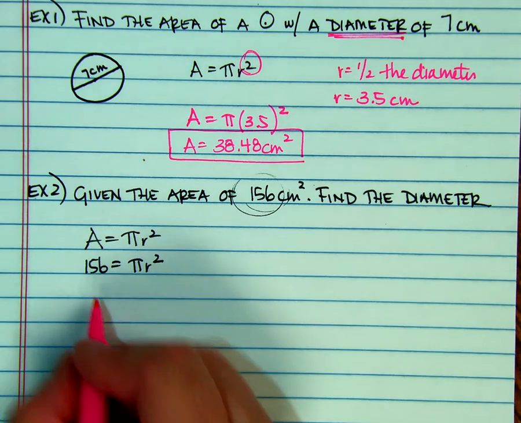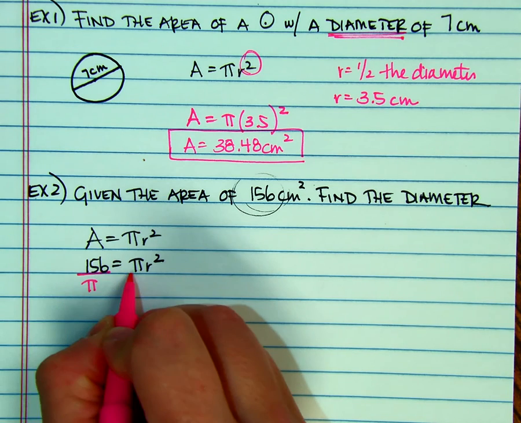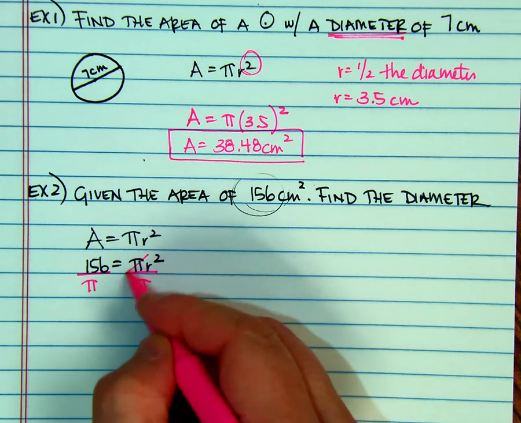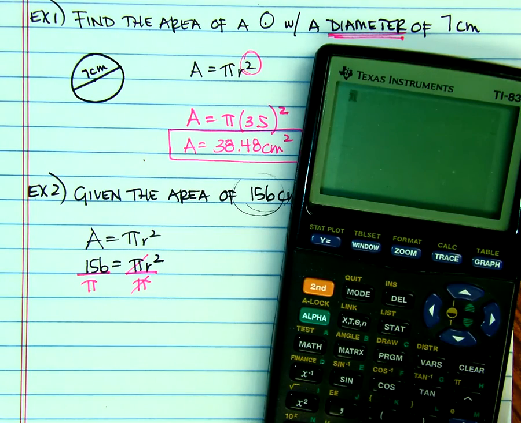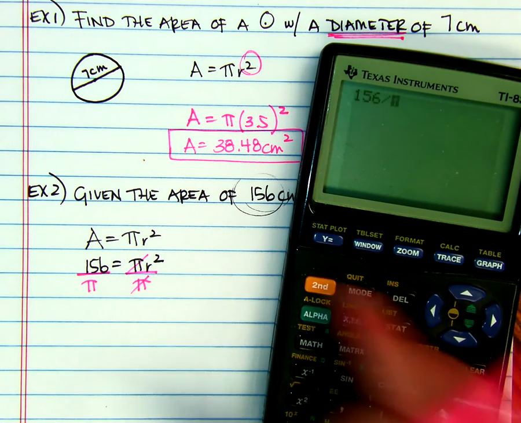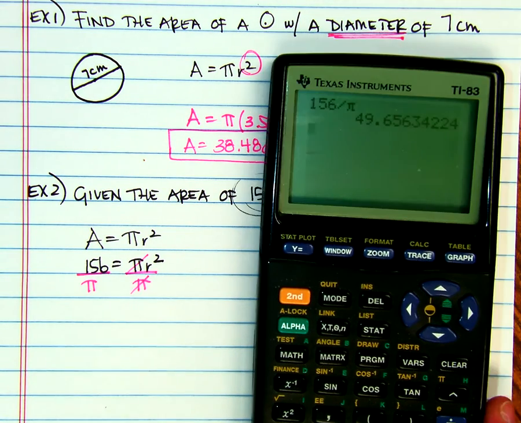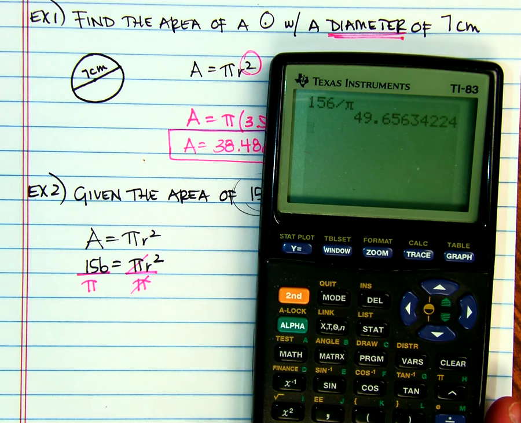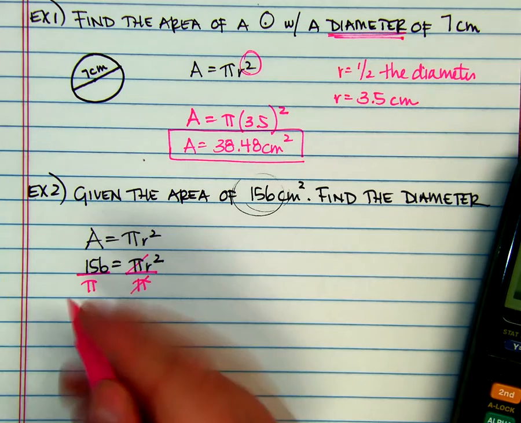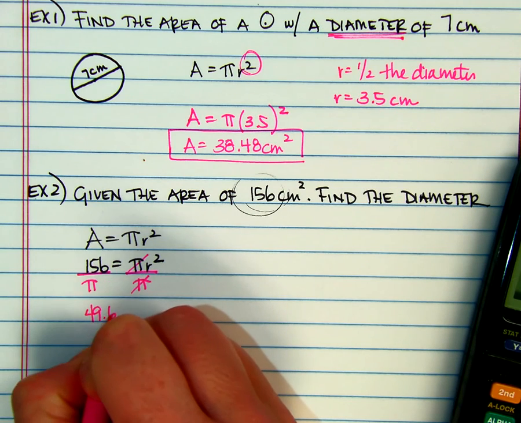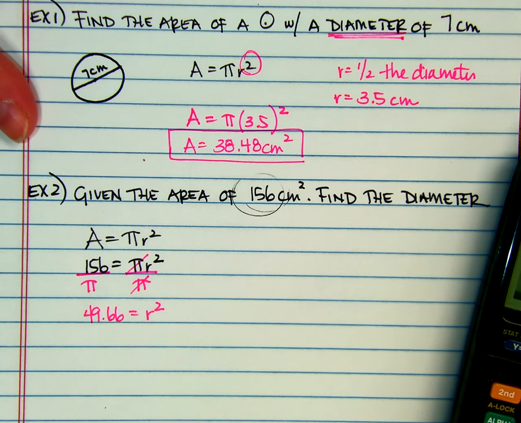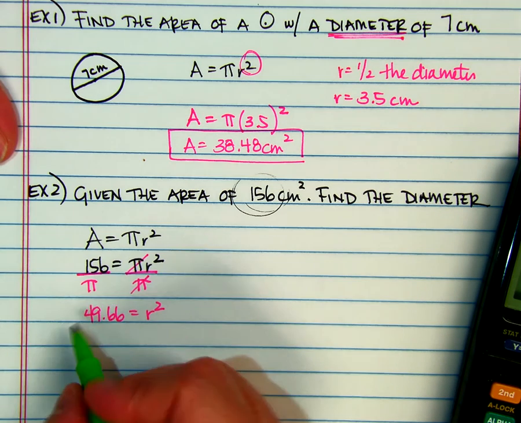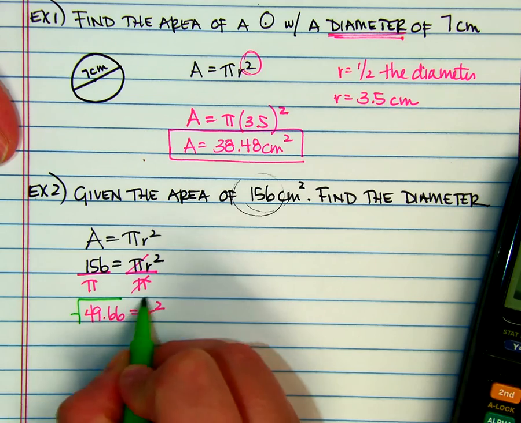So doing the algebra, I'm going to divide both sides by pi, because those cancel or divide out. So 156 divided by pi, and I get 49.66. Keep in mind that is r squared. We need to solve for r, so we're going to take the square root of both sides.